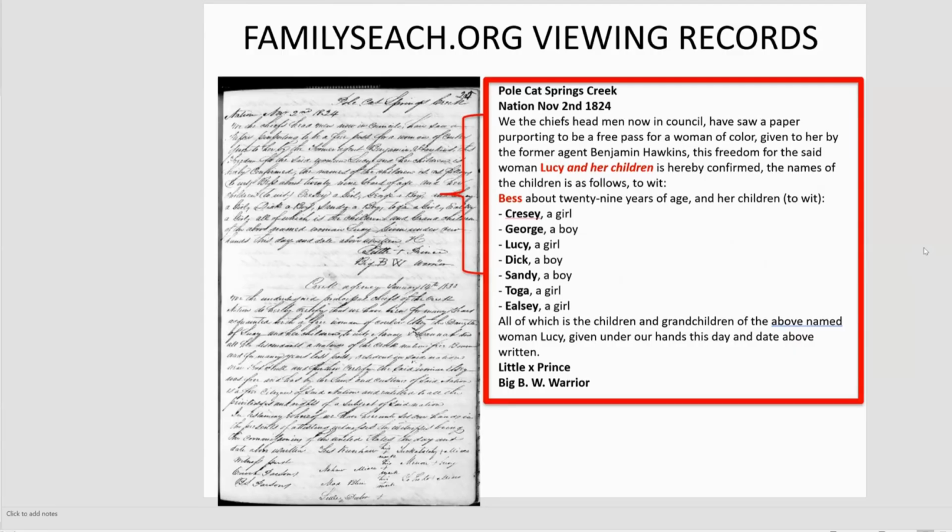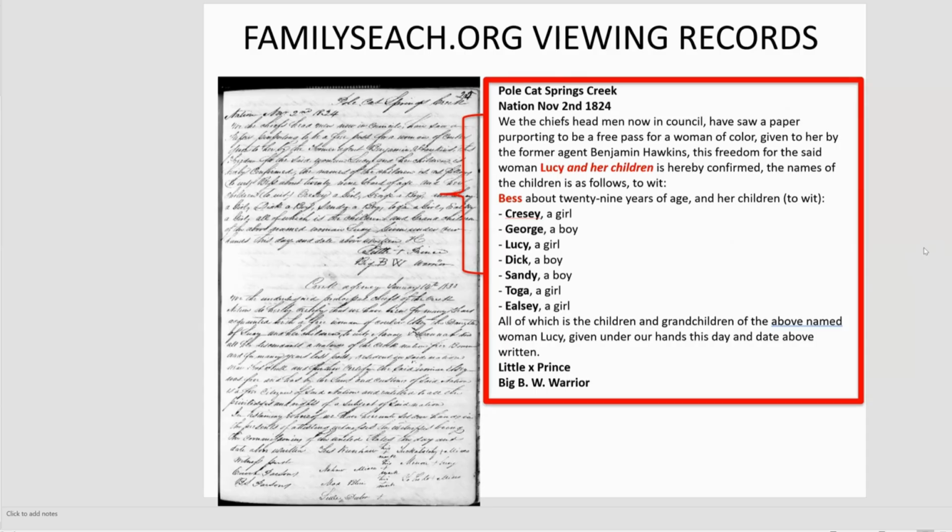We, the chiefs, head men now in council, have saw a paper purporting to be a free pass for a woman of color, given to her by the former agent, Benjamin Hawkins. This freedom for the said woman, Lucy, and her children is hereby confirmed.